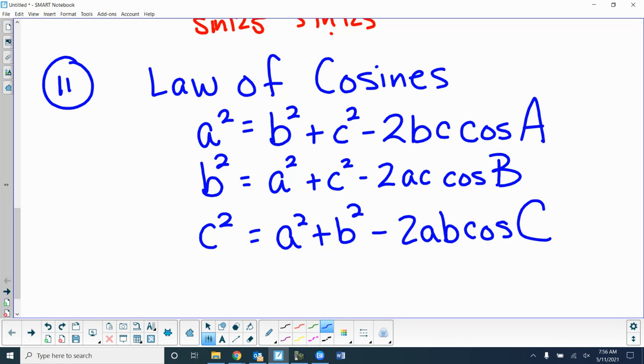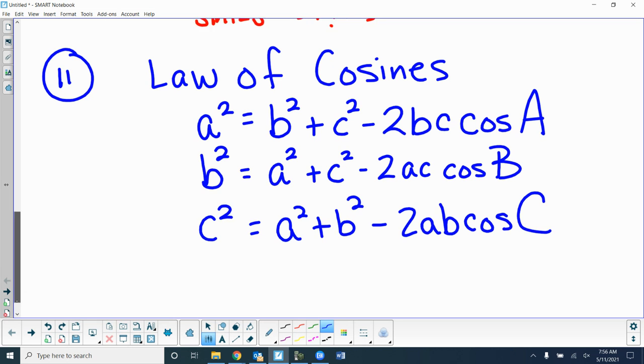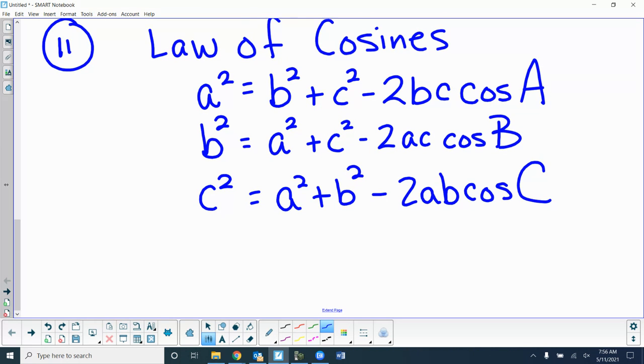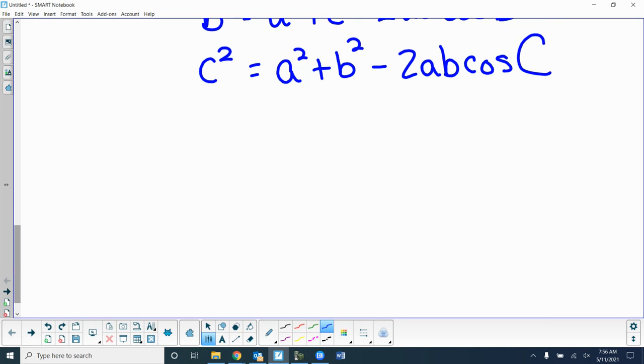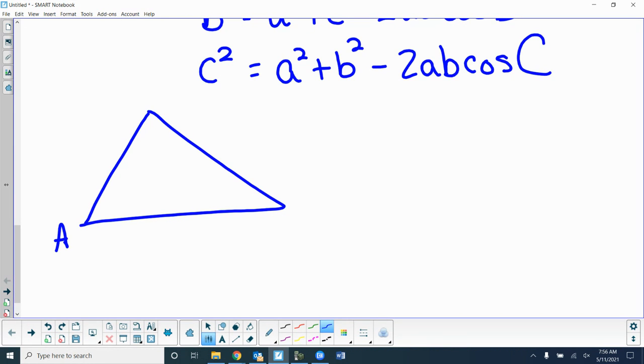So we're given the three sides of the triangle. All right, for number 11. And this was A, and this was C, and this was B in our picture. And it said side A was 9, and side B was 10, and side C was 11. And it said find angle B. So we're looking for that.